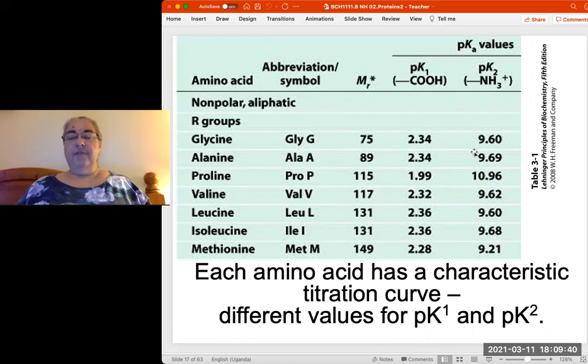So you can see that for each amino acid there are slightly different values. Glycine and alanine are similar amino acids, similar but not the same. Proline, a very different amino acid, has a different measurement of its pK. So the pK depends on the particular properties of the amino acid.